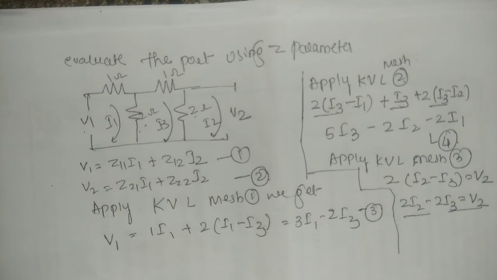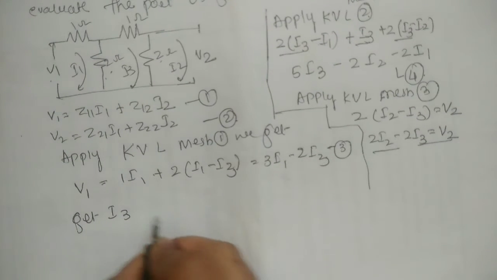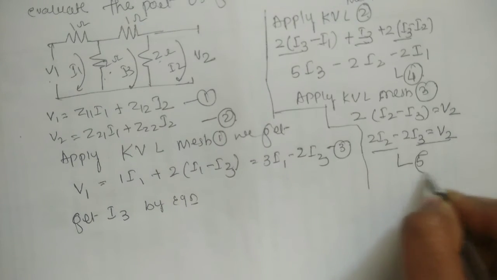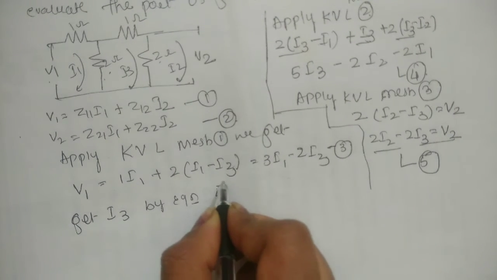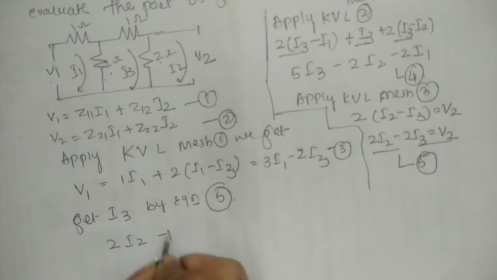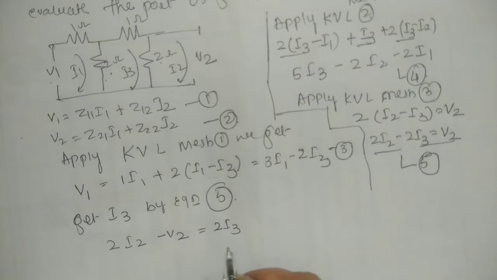First we have to find out the mesh 3 we have calculated. I3 we can find out by equation 5. 2 I2 minus V2 equals 2 I3.